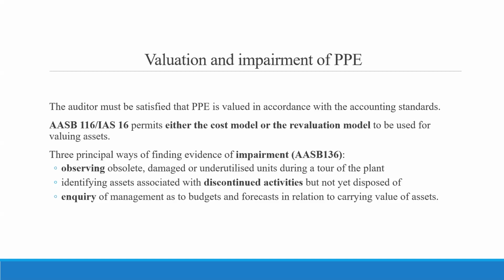The other is discontinued activities, because those assets are not used in operations anymore. Usually that will also be followed by impairments. And management representation, management's reply regarding the devaluation or the impairment, will also be used as evidence here.